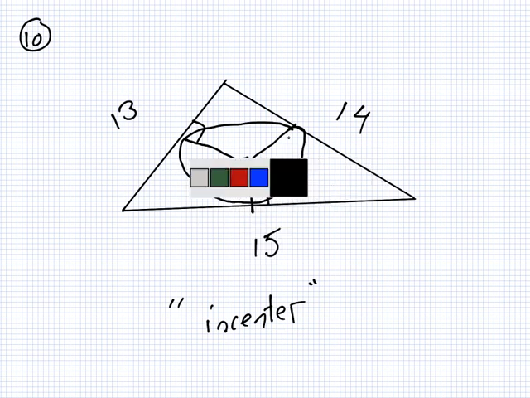Right, let's try. Can I know this angle? Yes. Can I know this angle? Yes. Can I know this angle? Yes. What else can I know? I'm trying to get this.